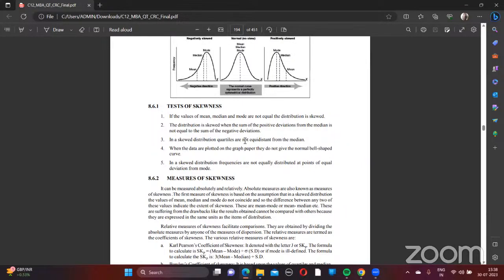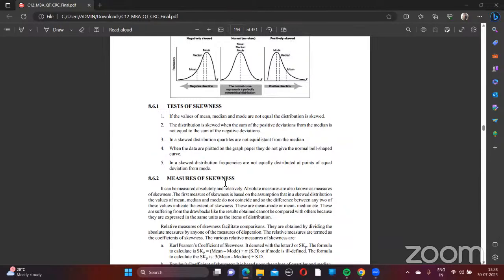In a skewed distribution, quartiles are not equidistant from the median. When the data are plotted on graph paper, they do not give the normal bell-shaped curve. In a skewed distribution, frequencies are not equally distributed at points of equal deviation from the mode.